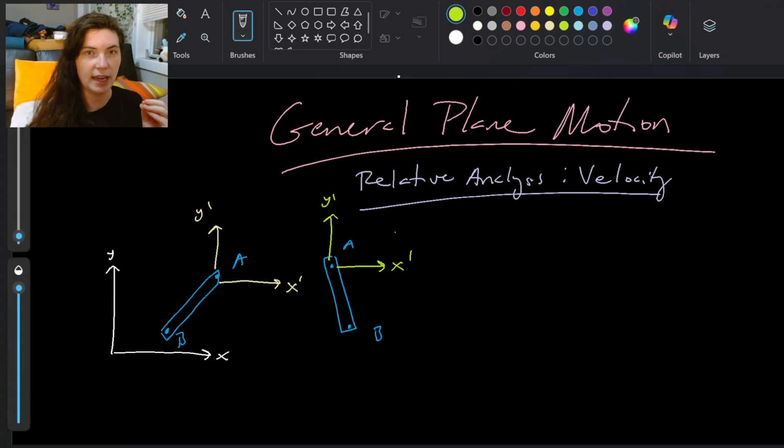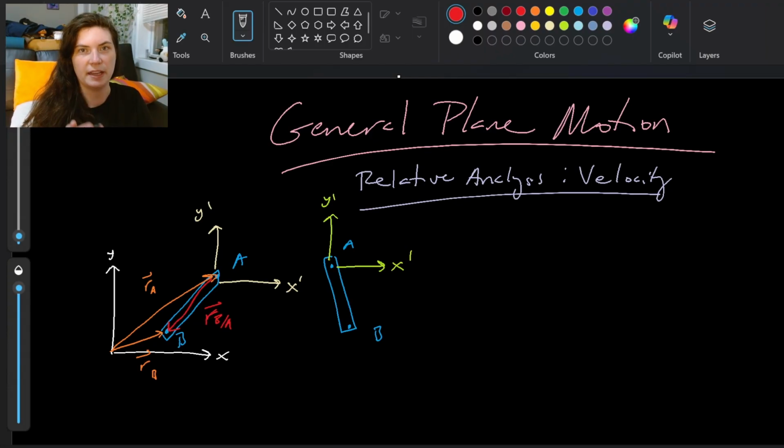So essentially what we have here is we're treating A like a fixed reference relative to B. We've got this moving, translating frame of reference that we're working with, where the base point is A. Originally, from our fixed origin, we had a position vector from the origin to A, and we had a position vector from the origin to B. And then this vector between them, I'll do it in red, this vector along the line of our rigid body, this is the position of B with respect to A. It puts in perspective where B is with respect to A, right?